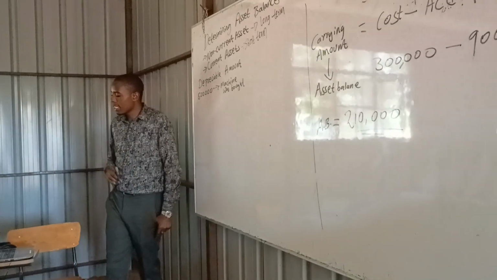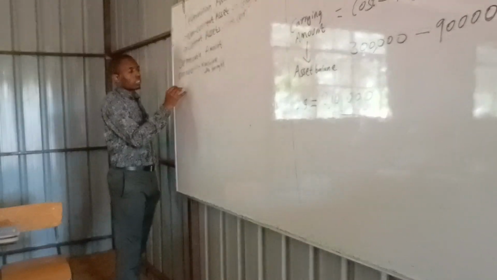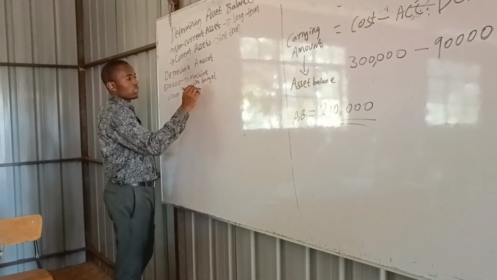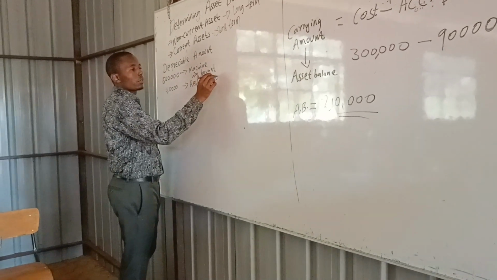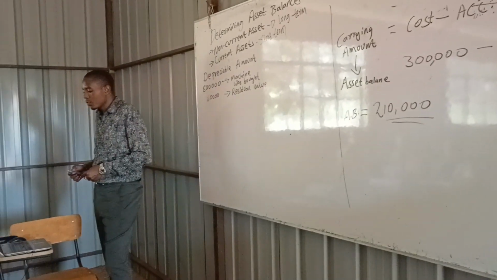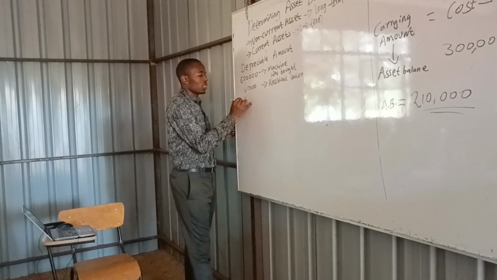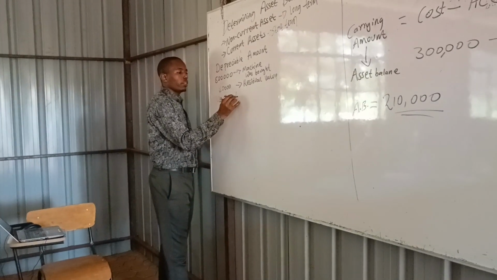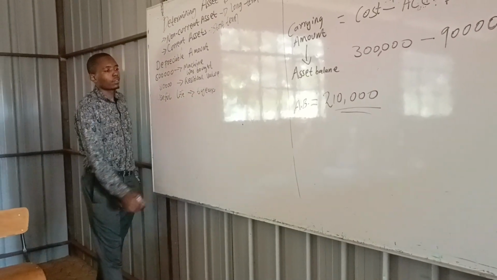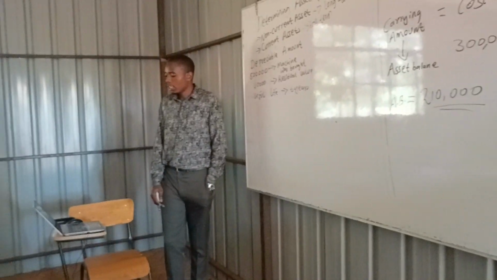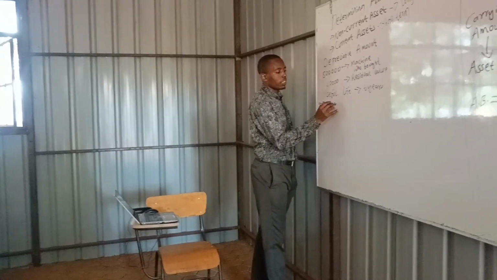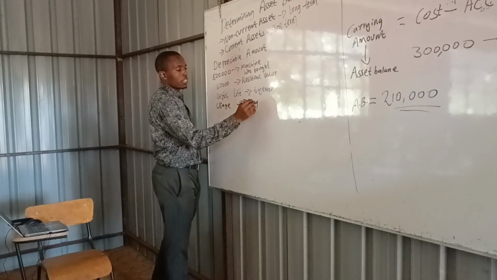Then you are told it has a residual value of 80,000 and a useful life of 6 years. Then the question says the business has used the machine for 3 years. The usage is how many years? 3 years.